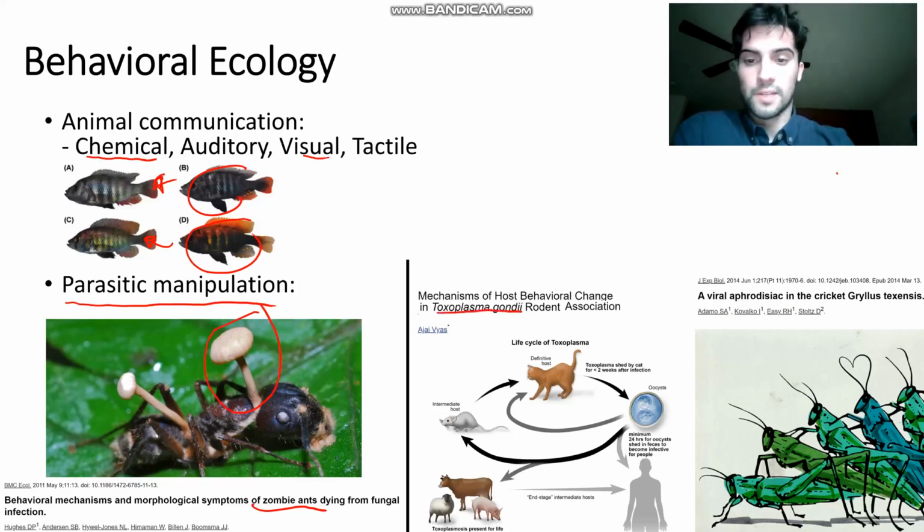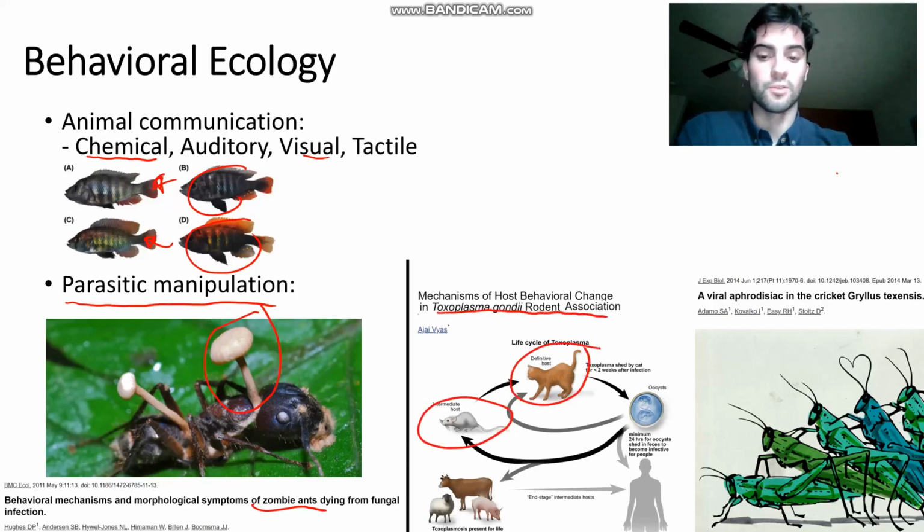Then we had this example of the Toxoplasma gondii. So we know that cat is a definitive host, and they have intermediate hosts, rats. And research shows that the rats that are infected with Toxoplasma will not be scared of rat pee smell that they normally would be. So this will facilitate preying upon rats from the cats.